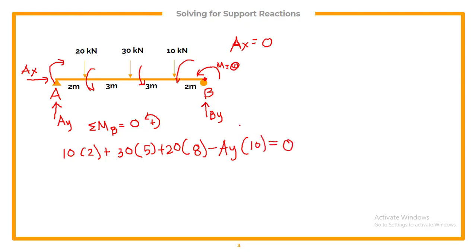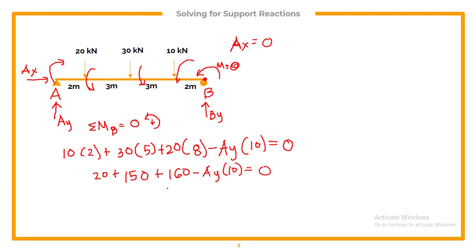Equals 0, since the sum of moments should equal 0. Therefore, when you solve this, it is just algebra already, guys. 10 times 2 is 20, plus 30 times 5 is 150, plus 20 times 8 is 160, minus AY times 10.